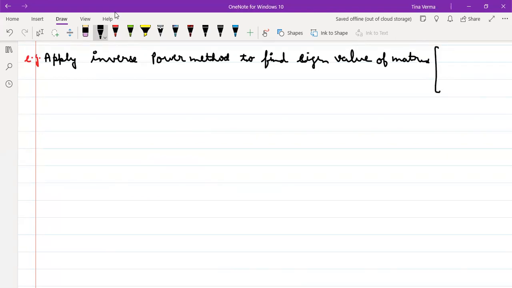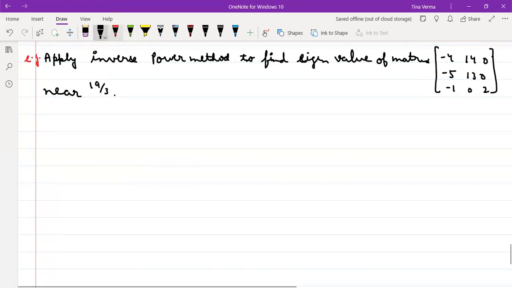The matrix is -4, 14, 0, -5, 13, 0, and -1, 0, 2. Find the eigenvalue of the matrix near the number 19 by 3. Since you have to apply the inverse power method, that will be nothing.